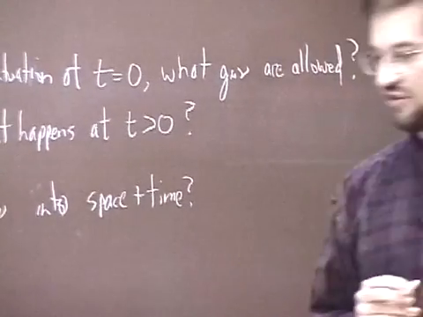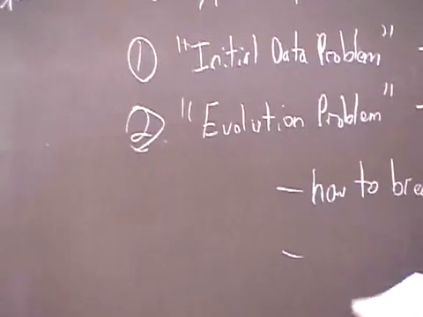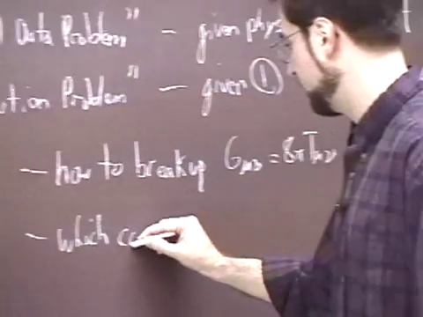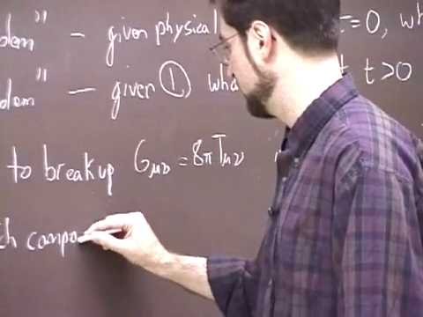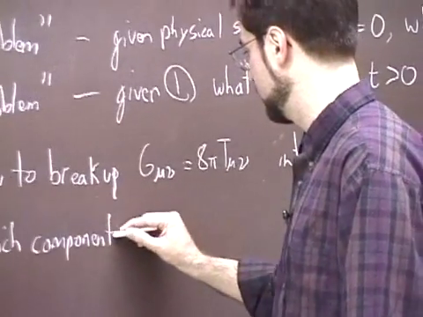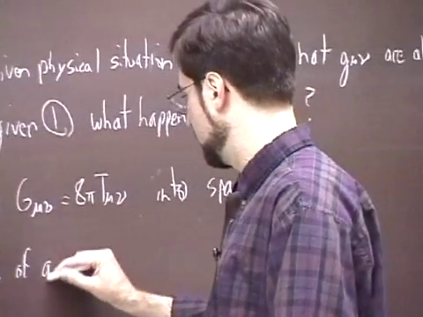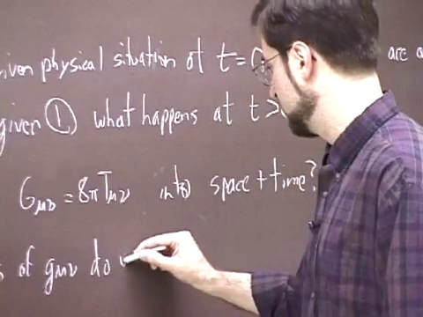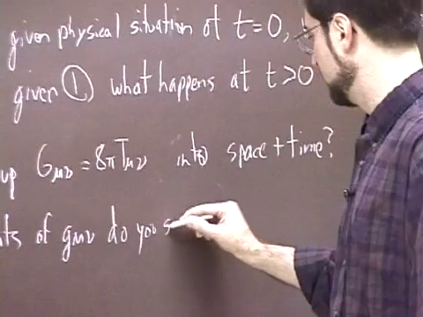That's the first question. And the next thing that you need to know is which components of the metric you solve for.